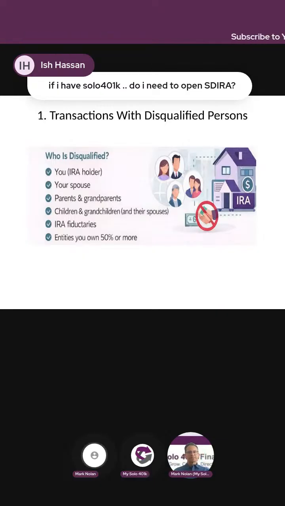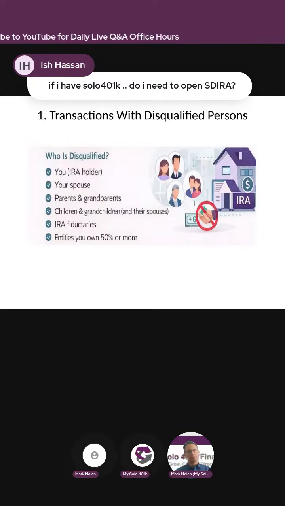Also, it involves specific disqualified persons, and we'll talk more about that in a moment. It also constitutes self-dealing. It also includes certain prohibited asset types, such as collectibles, and we're going to shed more light on that.